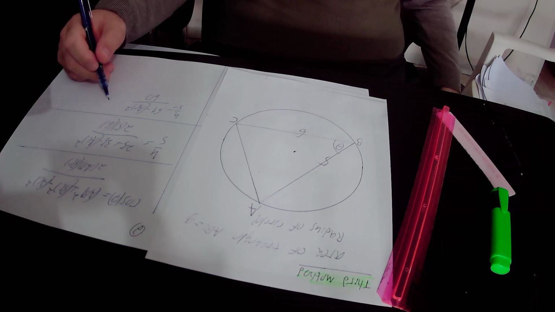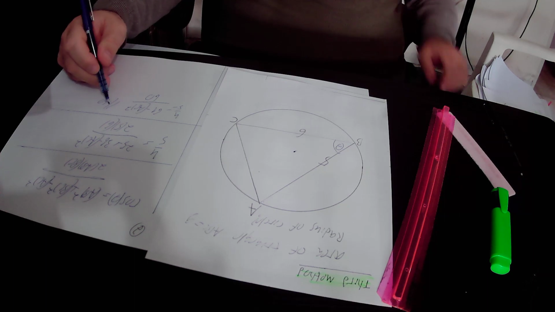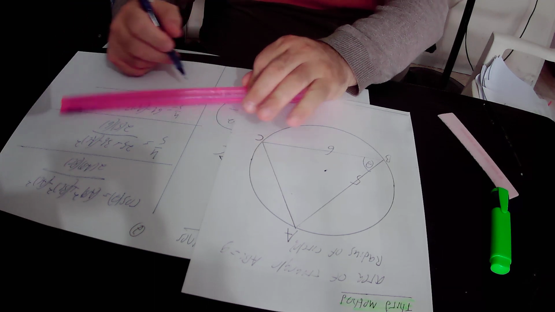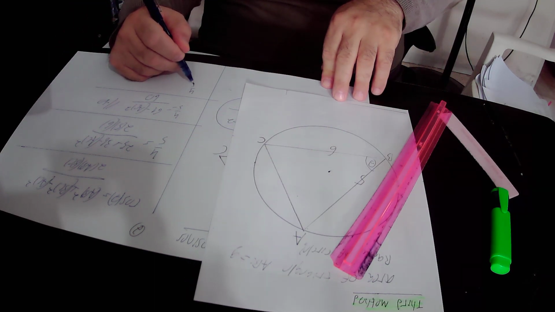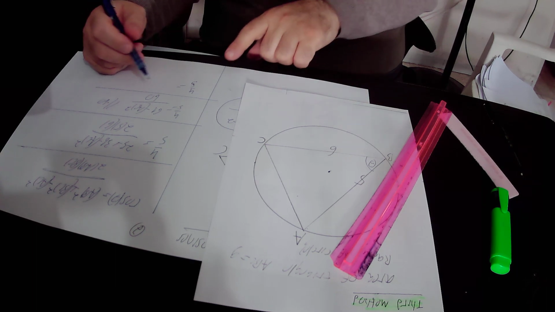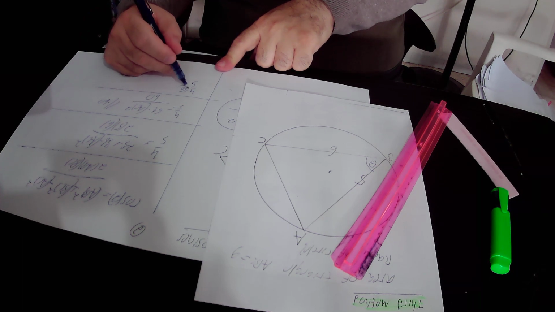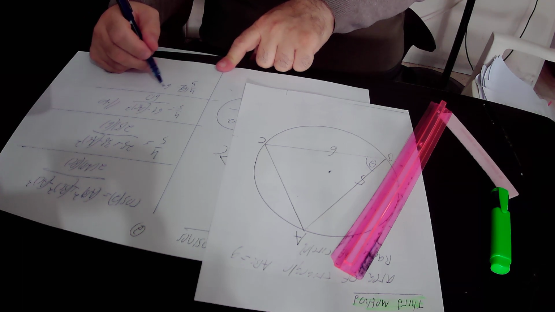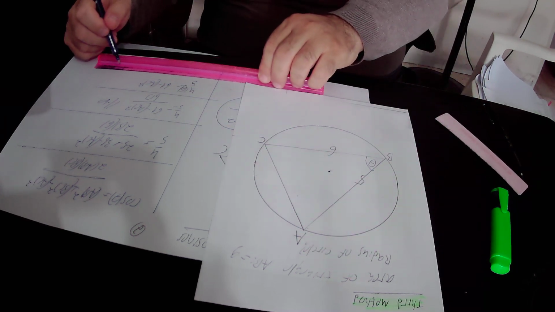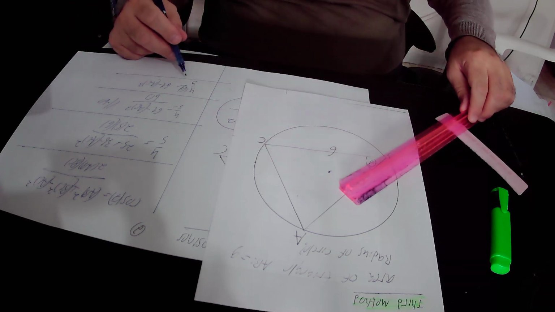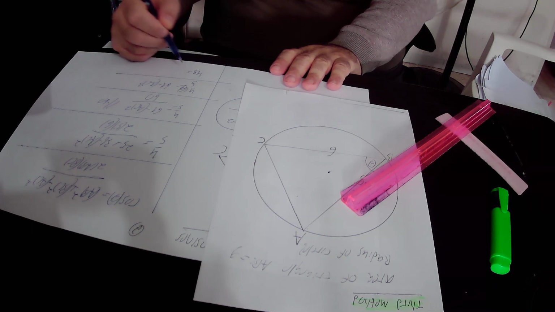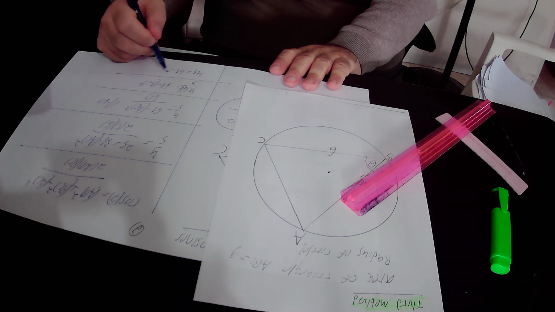Here we will multiply this equation by 60, and we get that 4/5 times 60 equals 61 minus AC squared. Here 60 over 5 is 12, and 12 times 4 is 48. So 48 equals 61 minus AC squared.